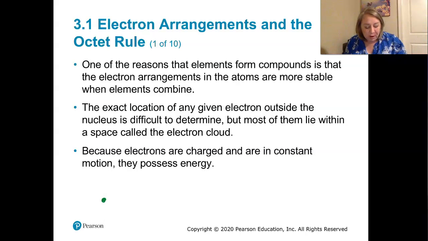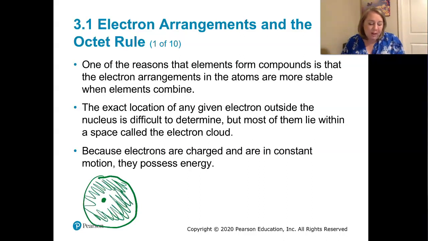Because remember, if this is our nucleus and here's our big old electron cloud, the electrons aren't filling the cloud, but what we can say is that the electrons are likely to be found in all of this shaded area that I'm shading in. We're more likely to find electrons there. It's really difficult to determine the exact location of an electron. They move very fast and kind of crazy, and so what we do know is that we can find them in this general area.